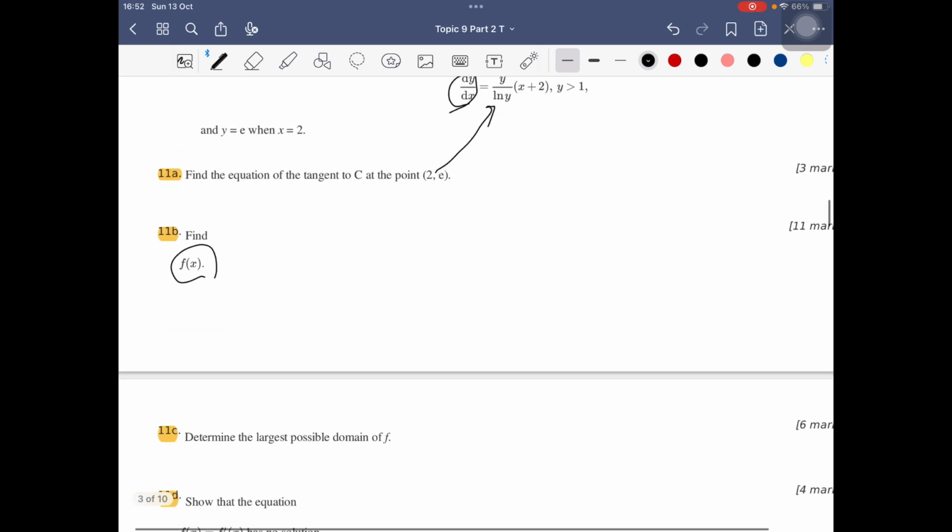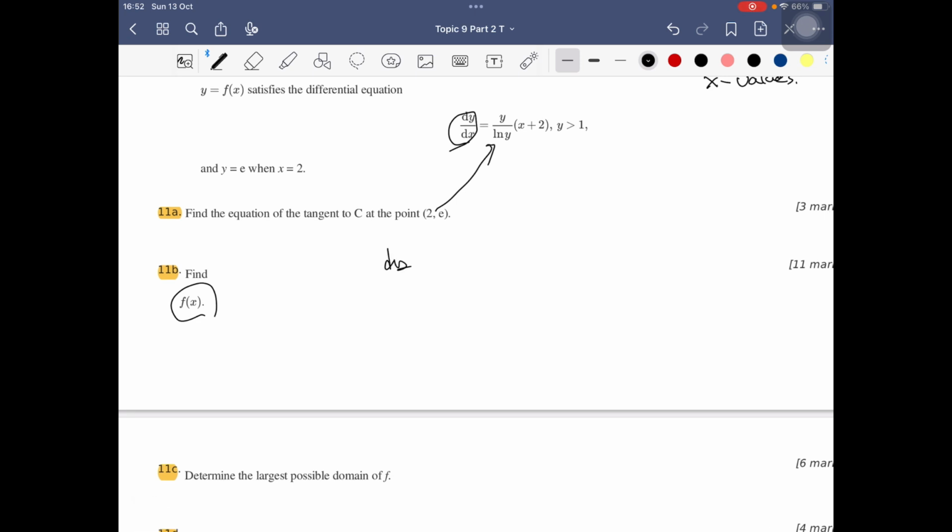Okay, let's go for it. So dy, ln y over y, equals x plus 2 dx, integral. On the left side, when you substitute ln y as u, then you will get 1 over 2 u squared, which becomes 1 over 2 x squared plus 2x plus c.